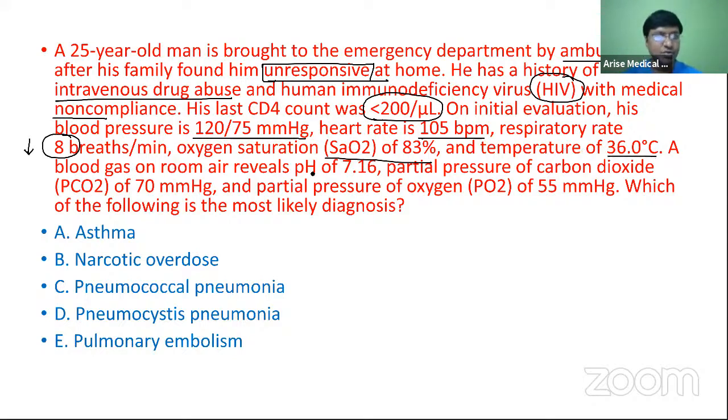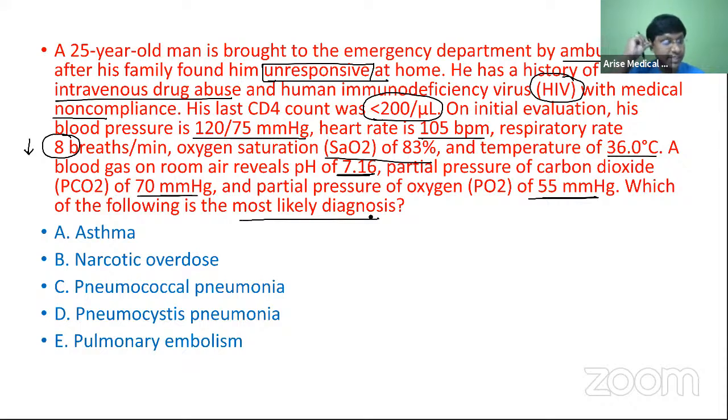A blood gas on room air reveals pH 7.16, that means acidotic, partial pressure of carbon dioxide of 70 millimeters of mercury, and partial pressure of oxygen of 55 millimeters of mercury. Which of the following is the most likely diagnosis? Asthma, narcotic overdose, pneumococcal pneumonia, pneumocystis pneumonia, pulmonary embolism.